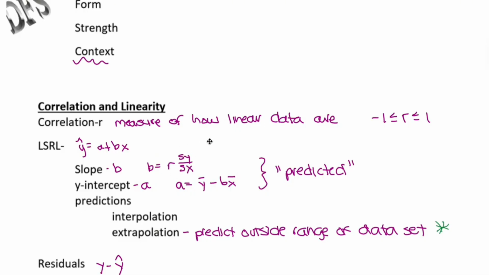Y-intercept, also known as a, also has a formula on your packet: a equals y bar minus b x bar. Same thing: if the question gives you all of those values, you can find a by yourself using this formula. And remember, slope and y-intercept are used for predicted values, so you can see that predictions occur a lot.